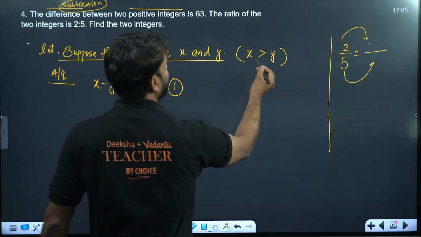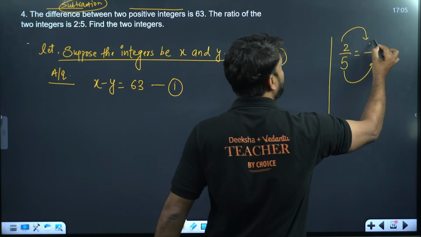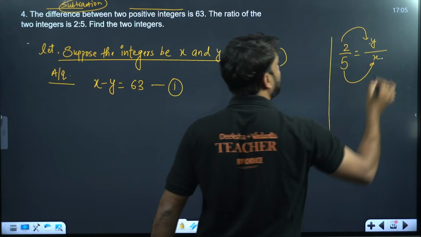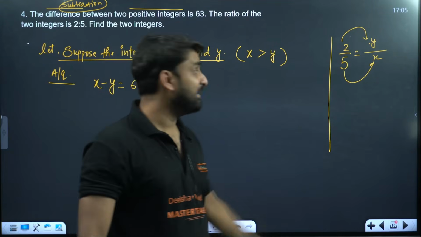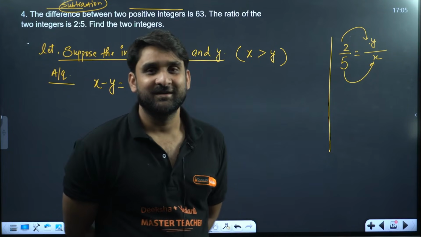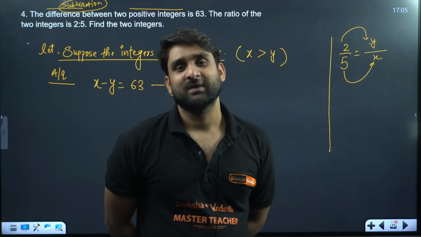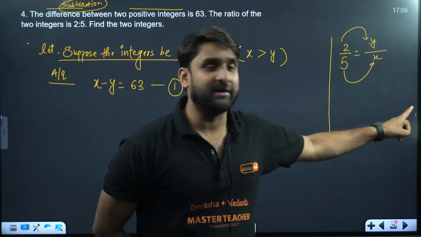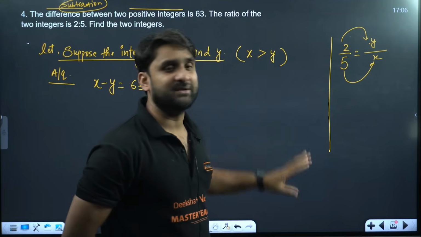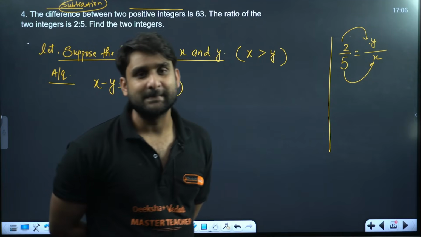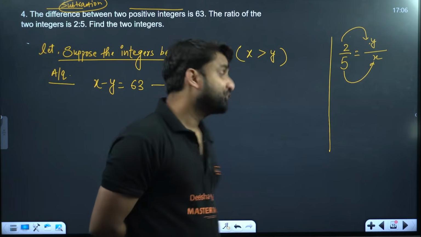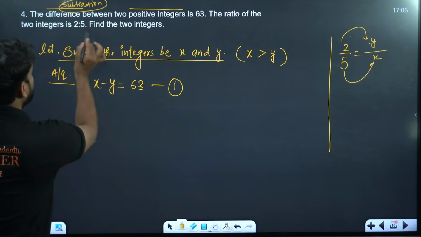And as we have supposed x is greater, y will come here, x will come here. A lot of students will make a mistake here. In flow, they will write x by y. If you assume that y is greater than x, then only you can write x by y. Getting my point?